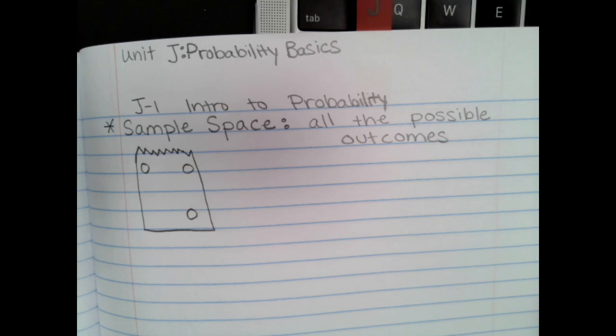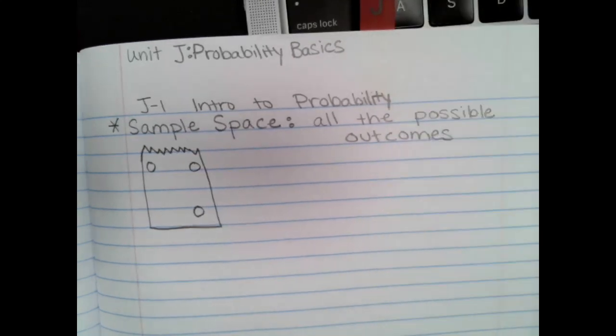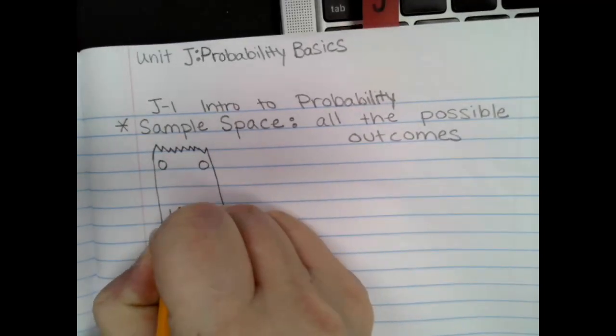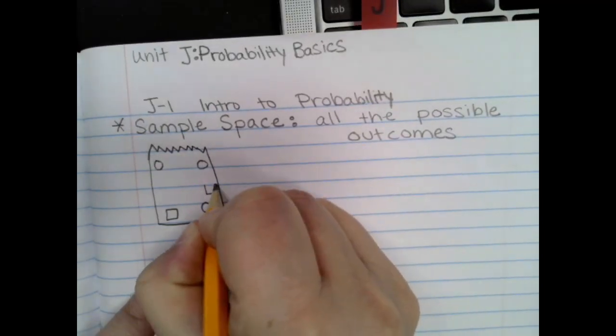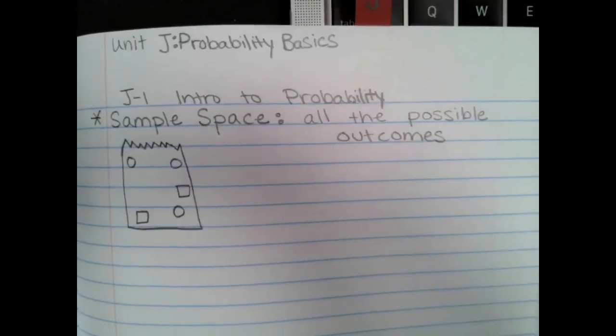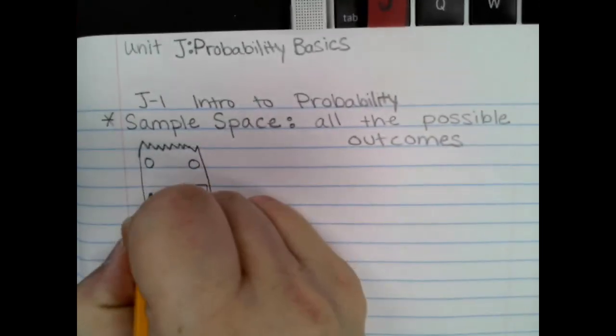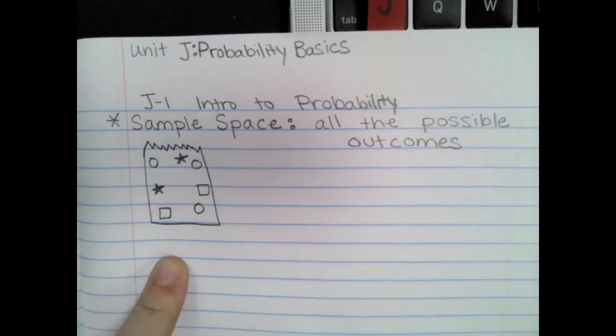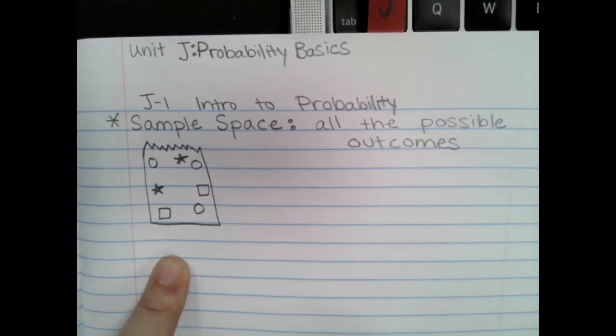And then let's do a couple boxes. So I'll do a box and a box. And then we'll do maybe a couple stars. Maybe 2 more stars.